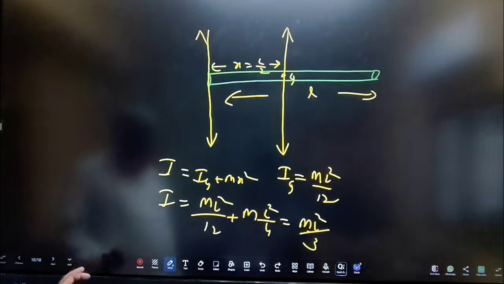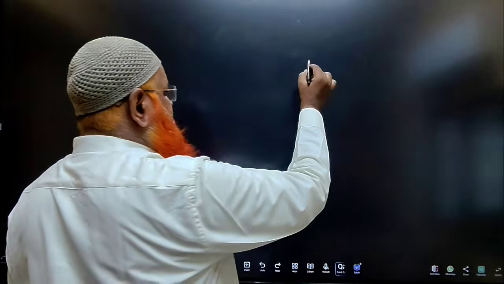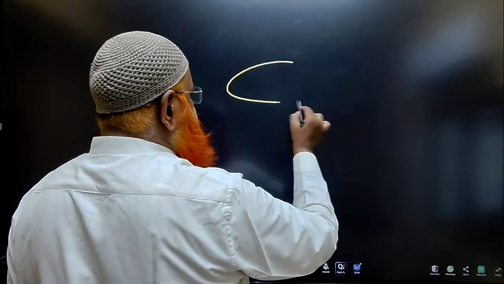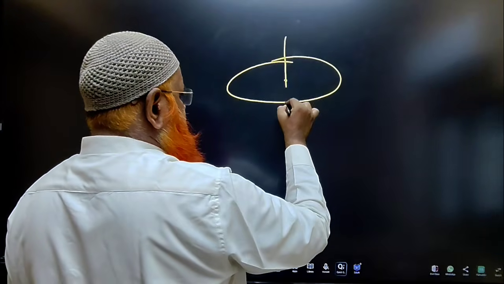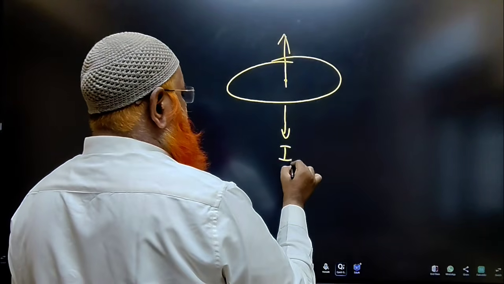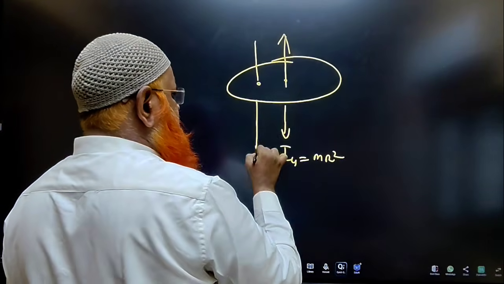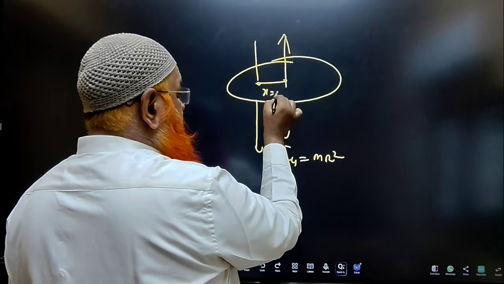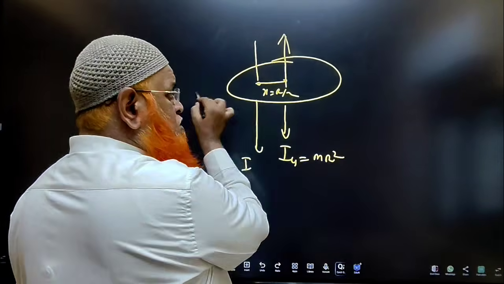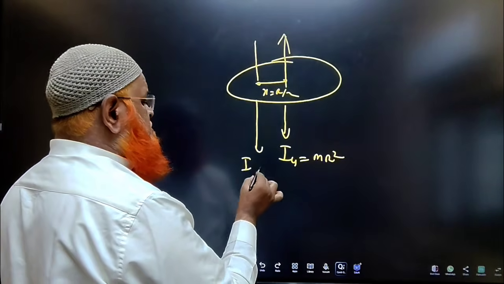Yes? Okay. So now, for example, I have taken one ring. This is the center of gravity of the ring where Ig is equal to mr square. I want some other axis where x equal to r by 2. It is not the edge, in the middle only. Then what is your formula?